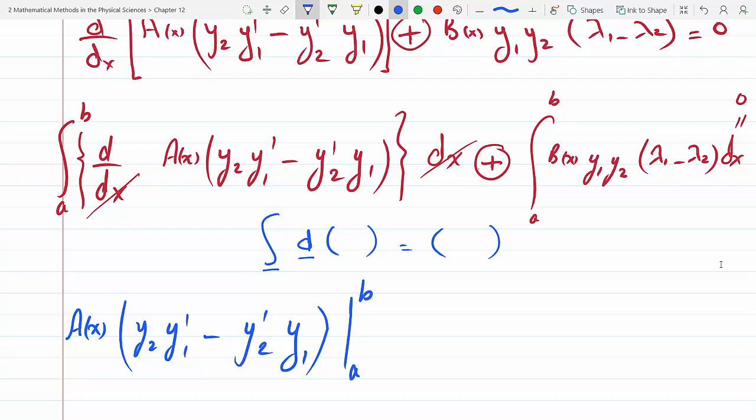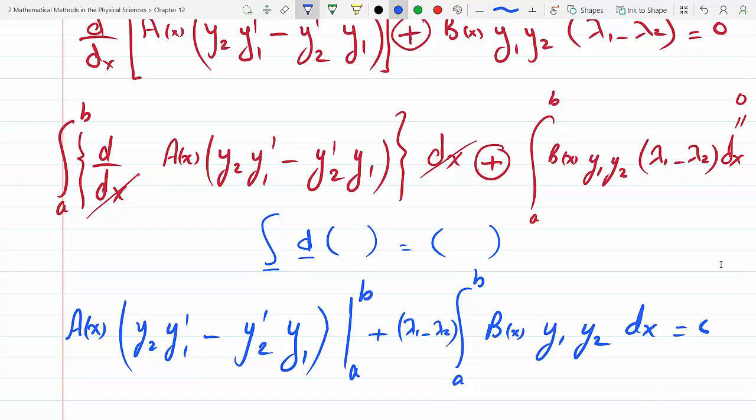So you integrate the derivative, you get the function itself before it was differentiated, plus the integral from a to b of b of x. Now lambda 1 minus lambda 2 is a constant, so I can pull it out. So b of x y1 y2 dx equals 0.